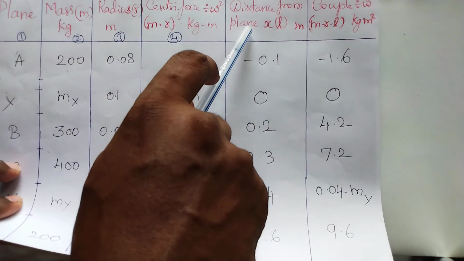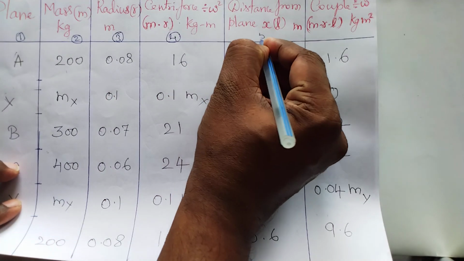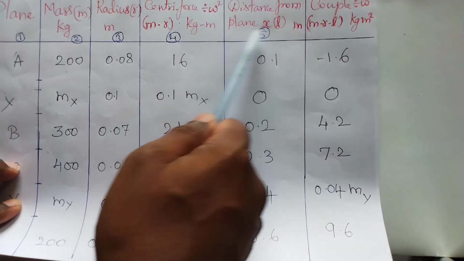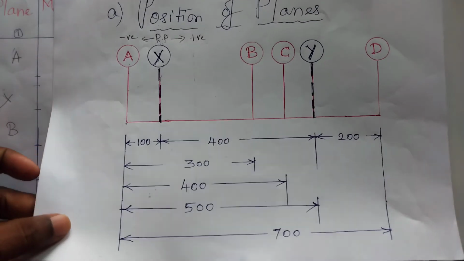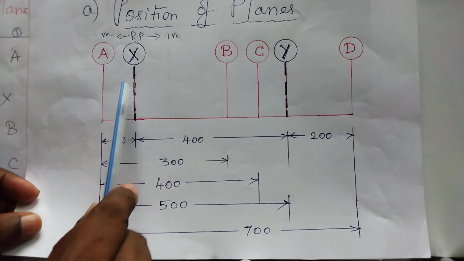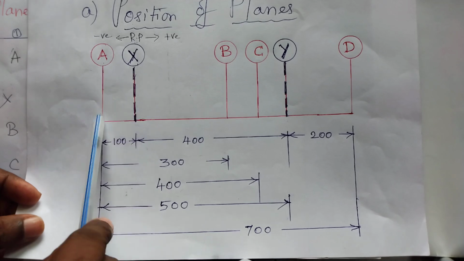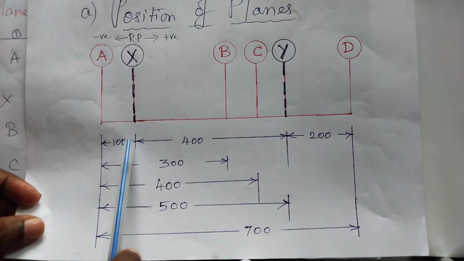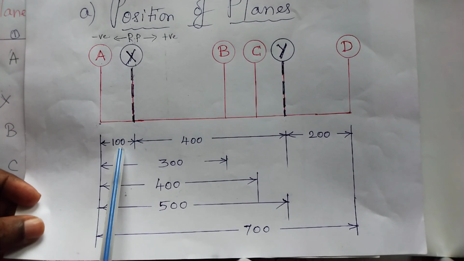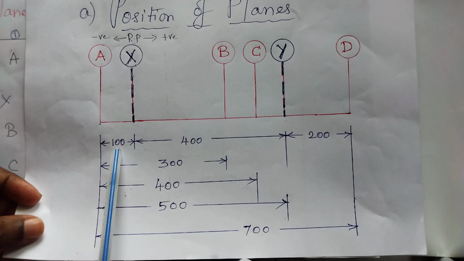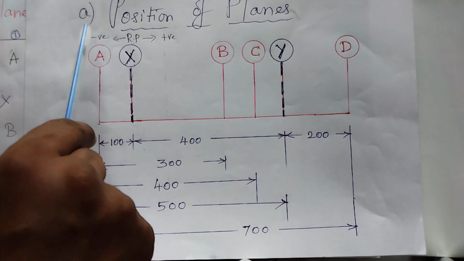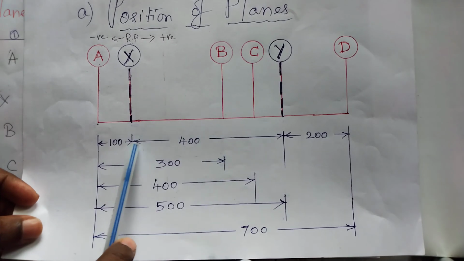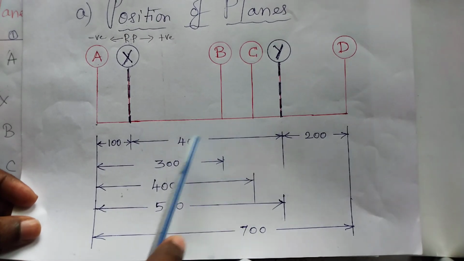The next column is the 5th column, the distance from the plane. You can see here the position of the reference plane. From here, on the left side, mass A is at 100 mm, so you have to convert it into meters. Since it is on the left side, you take it as negative, and the other masses on the right side you consider positive.